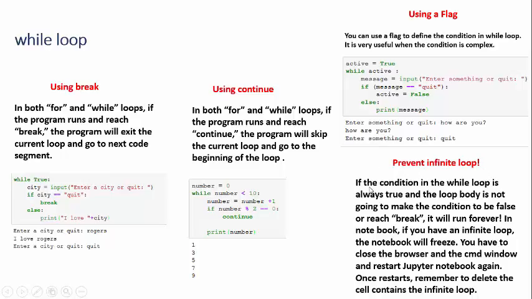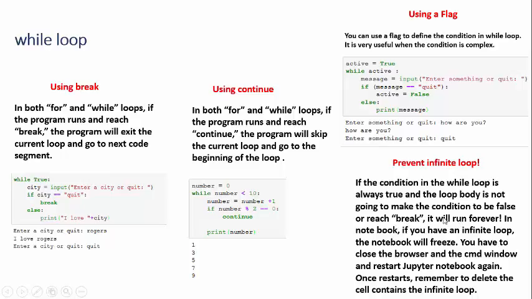In a for loop or while loop, especially a while loop, there are cases where the condition is always true and the loop body is never going to make the condition false, or there's no break in the body of the while loop, or even if you have the break, it's never going to reach it.